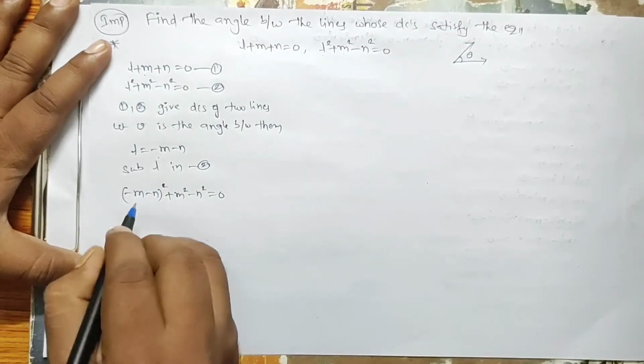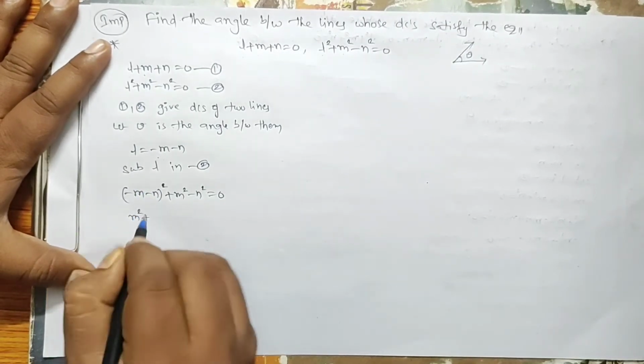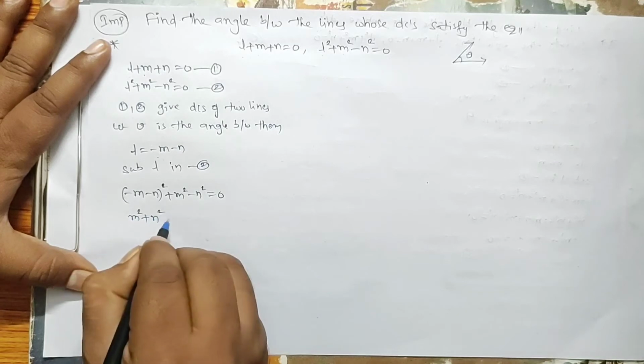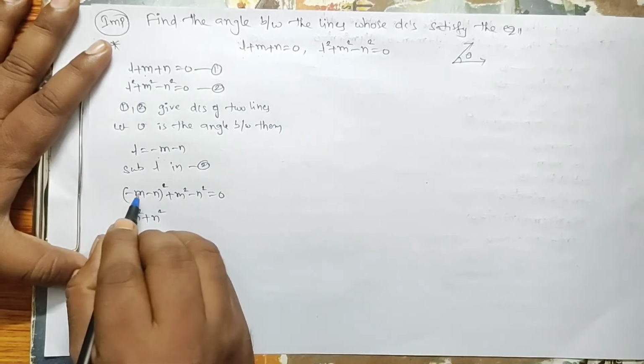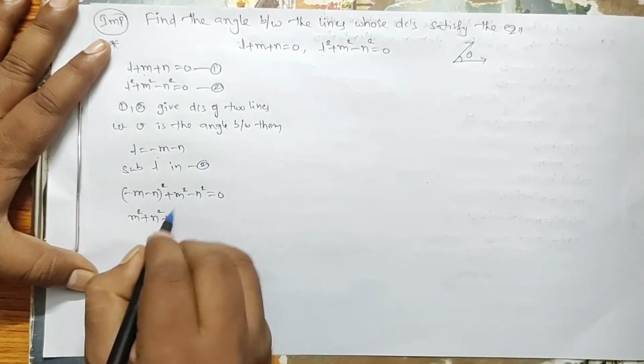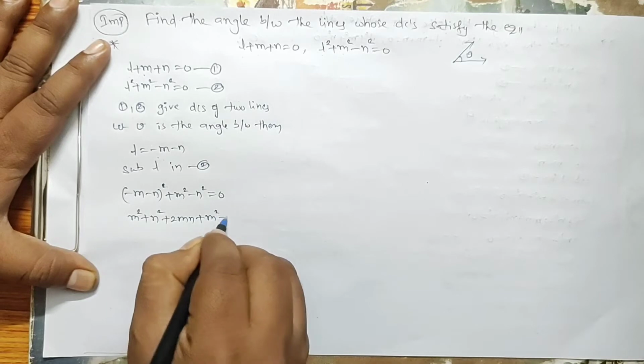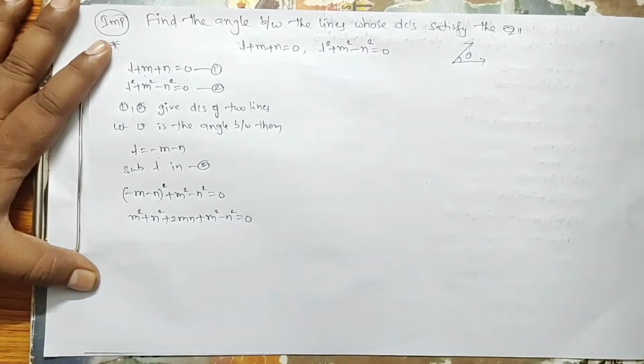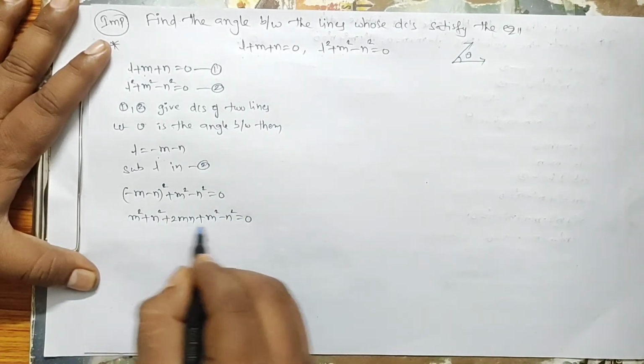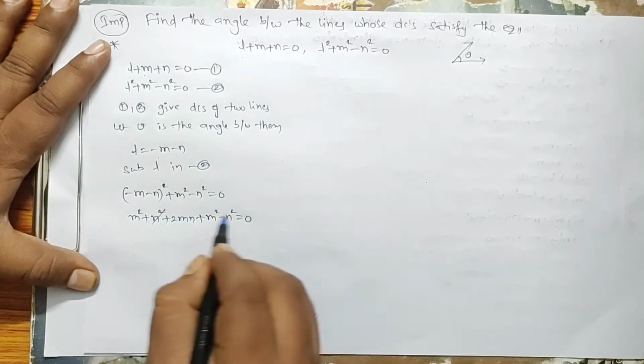Now expand using the formula (A minus B) whole square. A square is M square, plus B square, minus 2AB, minus 2 into A which is minus M, becomes plus, plus 2MN plus M square minus N square is equal to 0. Here plus N square minus N square get cancelled.